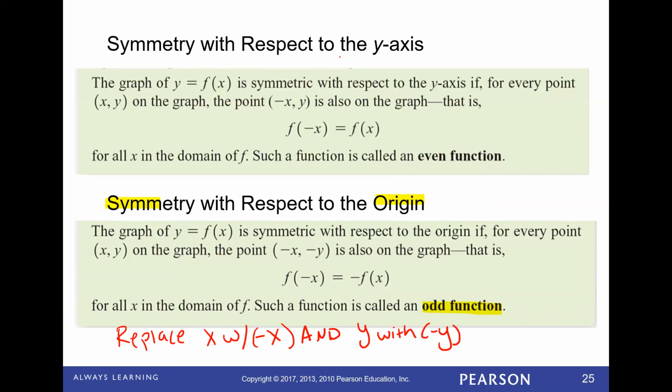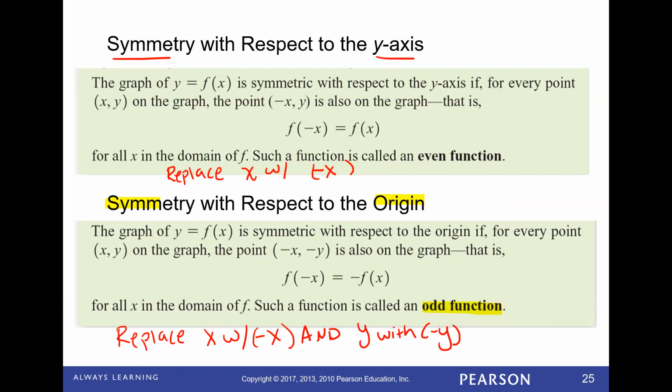So for my symmetry with the y-axis, all we're doing is replacing x with negative x. But for origin, every x value is being plugged in as negative x, and every y value is being plugged in with negative y.